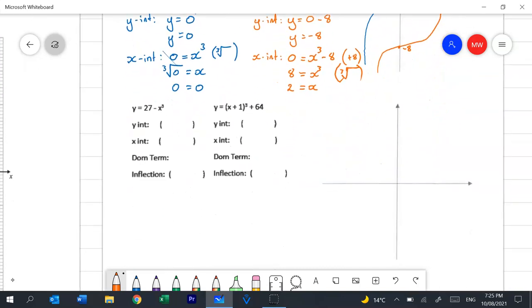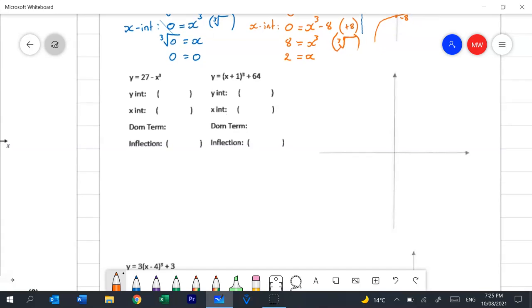In the third example, we've got it here in a format that's far more familiar to us. This does look like the turning point form, doesn't it? So here I can start with the point of inflection, and I can see that that is going to be at -1, +64.